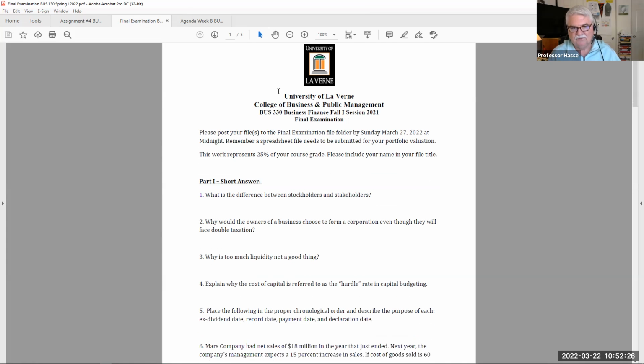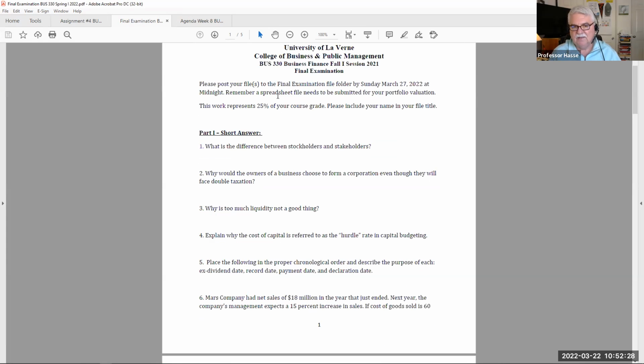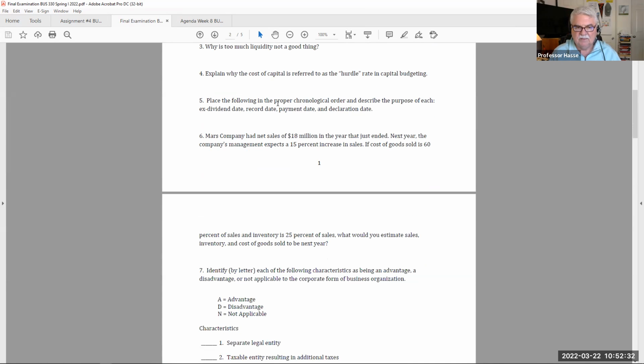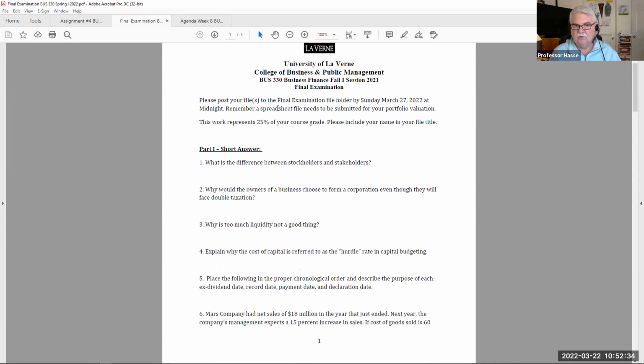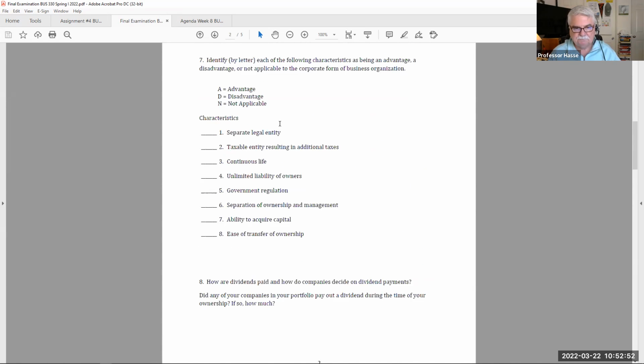Section 1, short answer, briefly define or provide information on these questions. Naturally, you can do all your work on the Word doc file, or you can submit your own file if you like, but I will need 2 files: your final examination work file and your final spreadsheet calculation file for your portfolio. So the short answer is part 1.